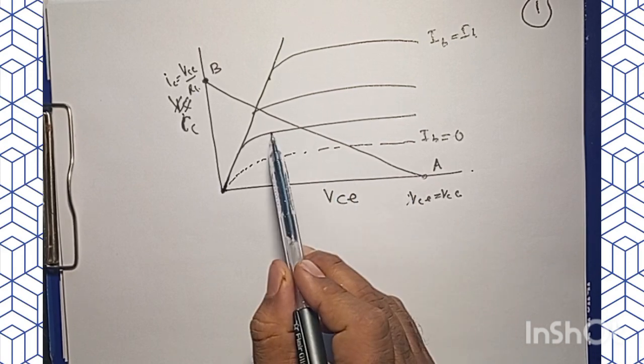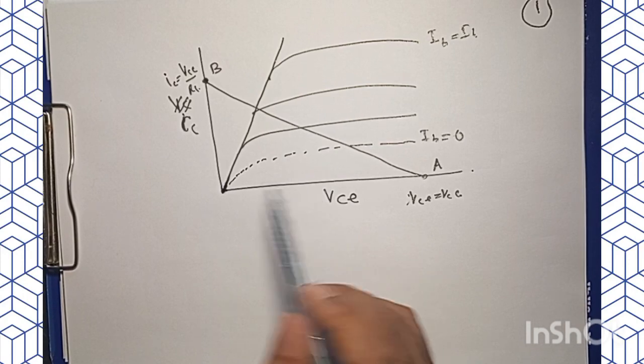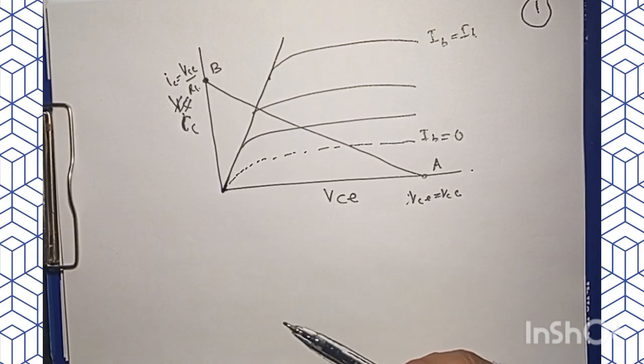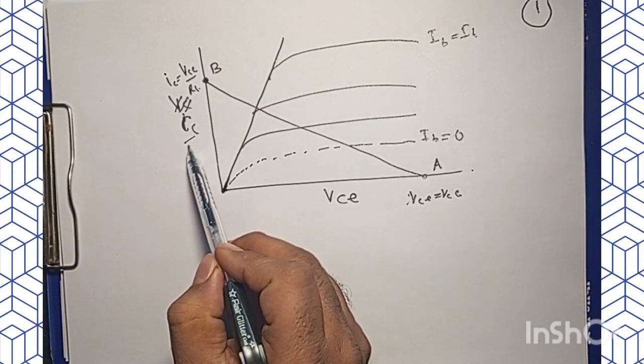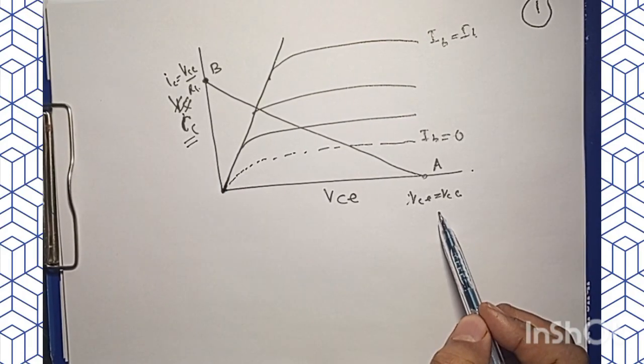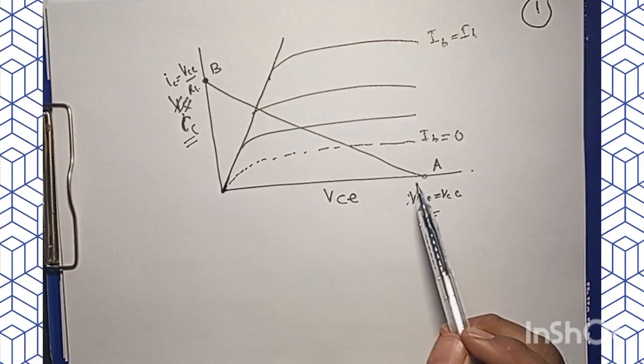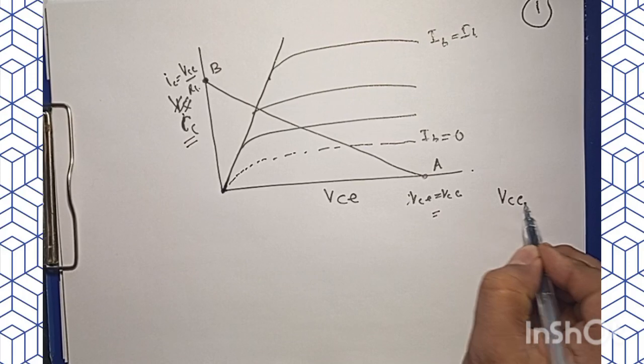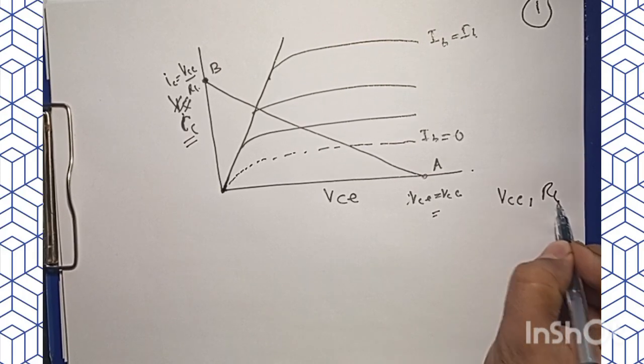Thus the load line is basically the locus of only pairs of values for IC and VCE which can exist for the given values for VCC and RL, right?